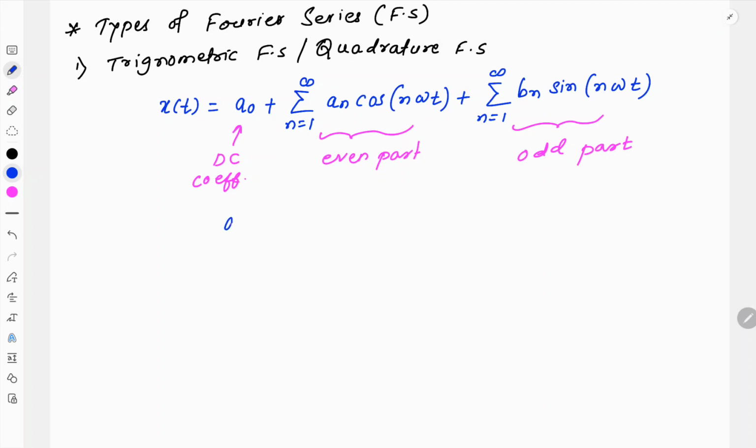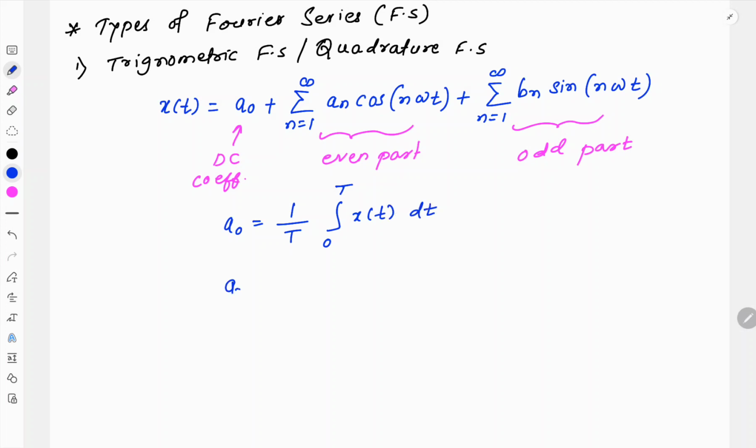a0 is given as 1 by T integration over a single period. This single period can be marked from 0 to T or from minus T by 2 to plus T by 2, but this integration should be over a single period, x of t dt.